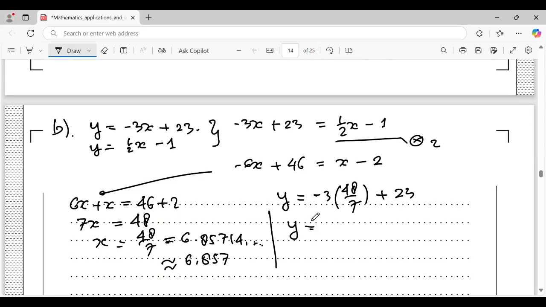So it becomes minus 20.5714 plus 23. So it becomes 2.42857, rounded to 2.429.